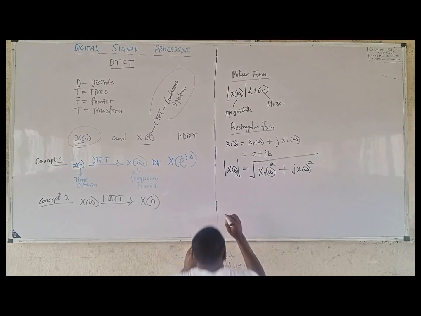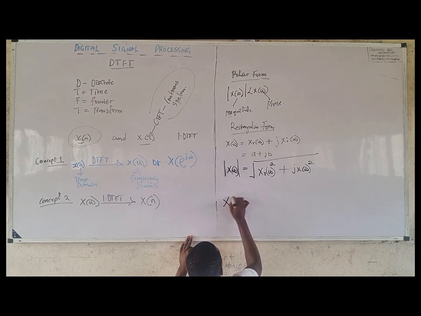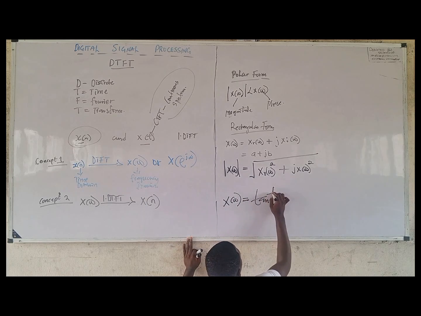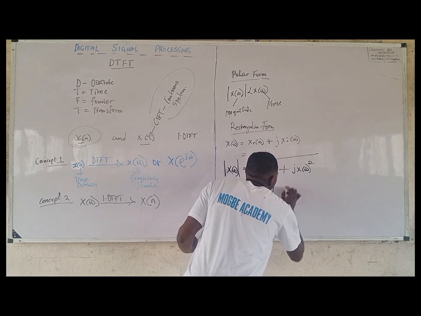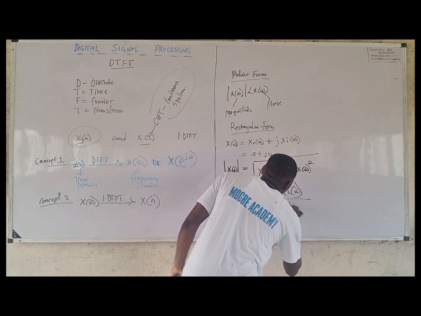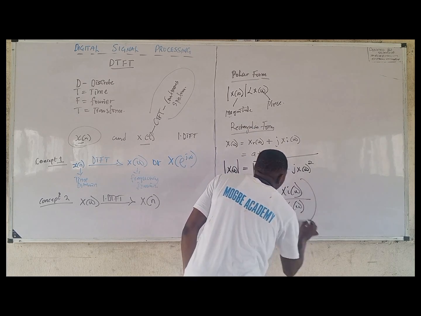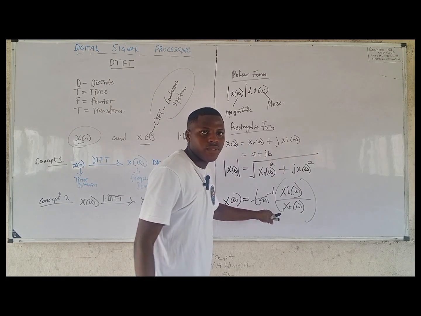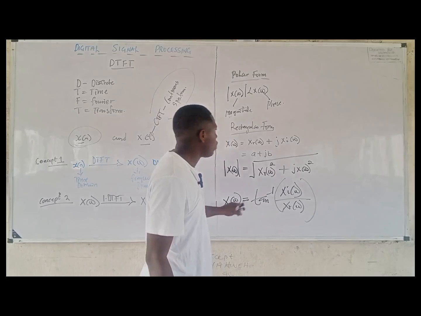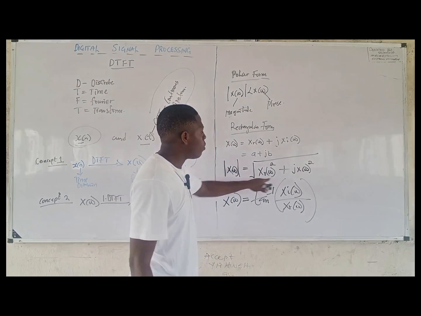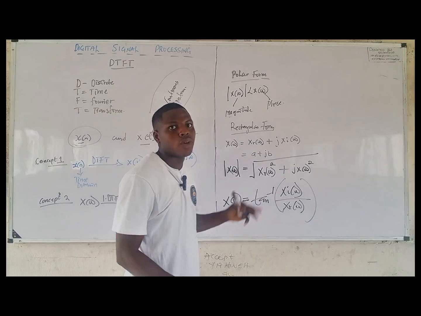So your phase is the tan inverse of your imaginary part, S_I(w), divided by your real part, S_R(w). Are we together? So this will help you to get your phase of your rectangular form, and this formula will help you to get the magnitude of your rectangular form.